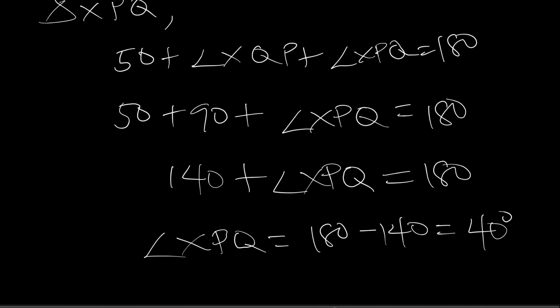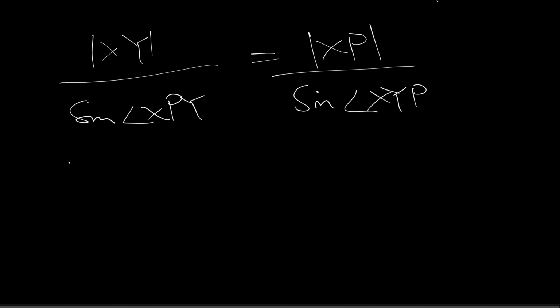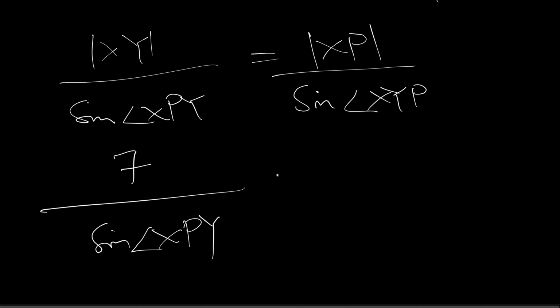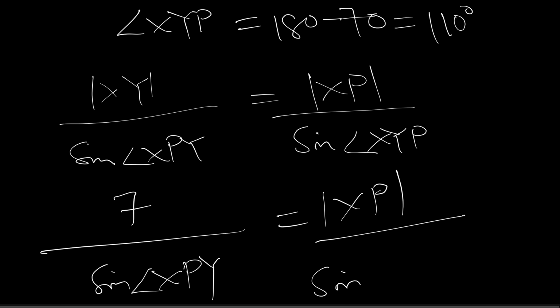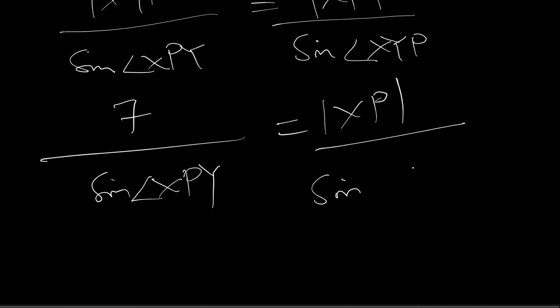Now from our diagram, the length of XY is 7, divided by sine angle XPY, is equal to the length of XP all over sine angle XYP. So we know that our angle XYP is 110. So now we are left with the sine of the angle XPY.